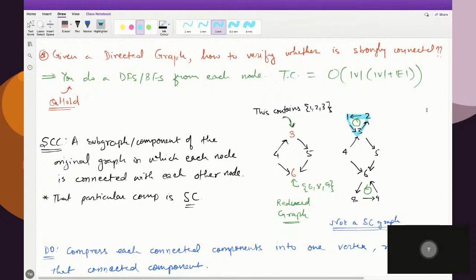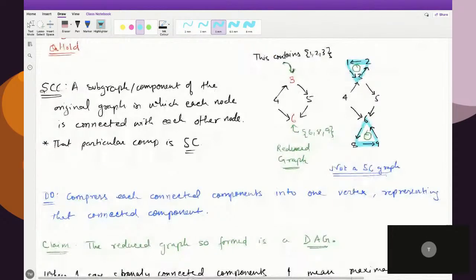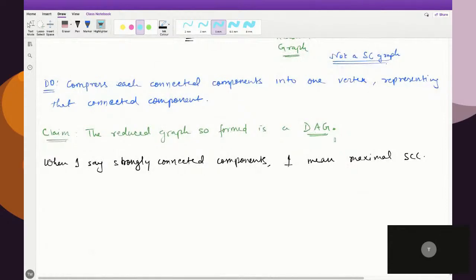When you exhaust and see that no new nodes can be added to that connected component, then that is a maximally connected component. Okay, so similarly here, this is also a maximally connected component. I hope you understand this. And this 6 here represents that particular node, and this 3 here represents that particular connected component. Now the claim is, we still need to prove this claim.